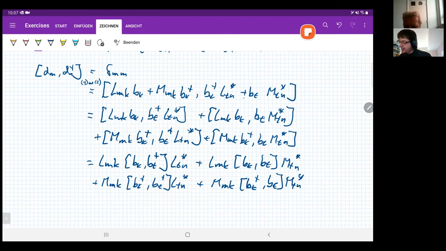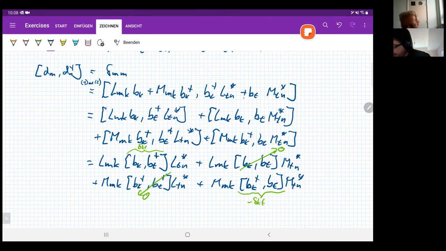And now we can plug in our commutation relation. So this is 0, this is 0, this gives us the delta KT function. And this gives us negative delta KT function.